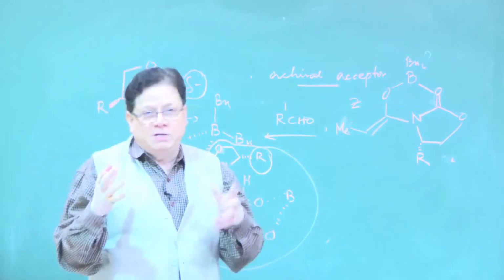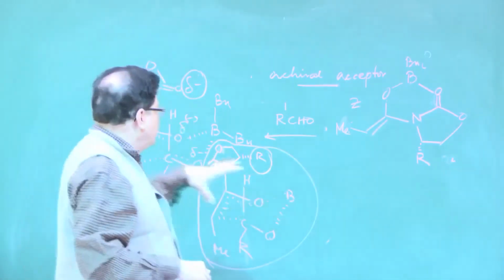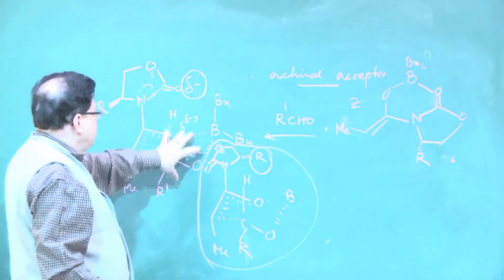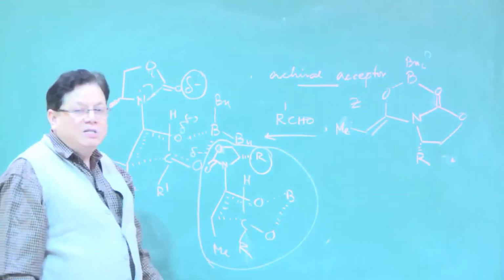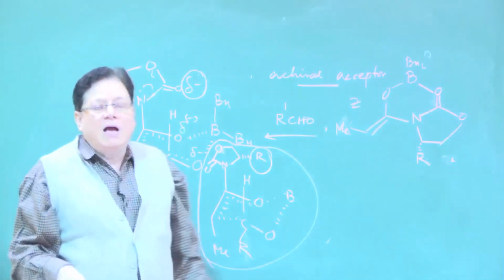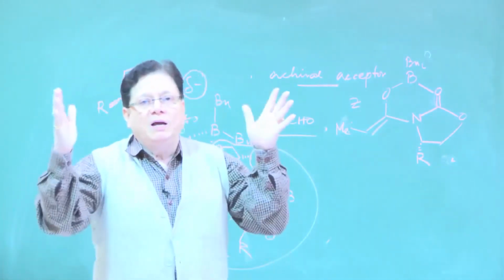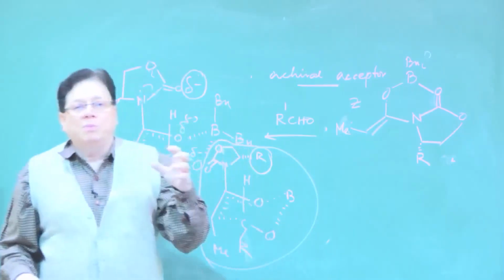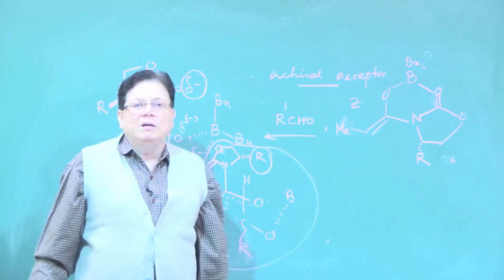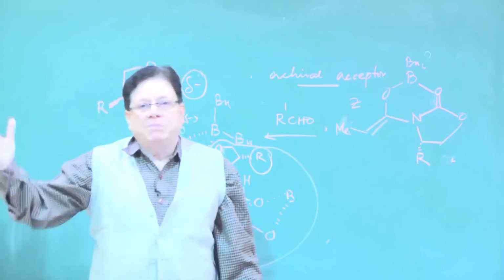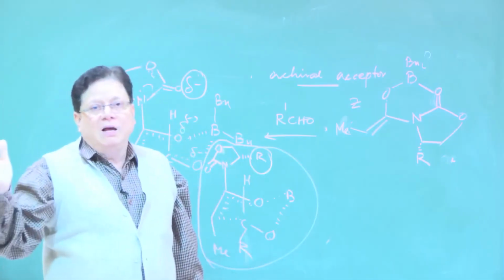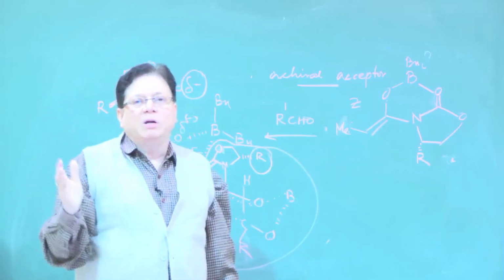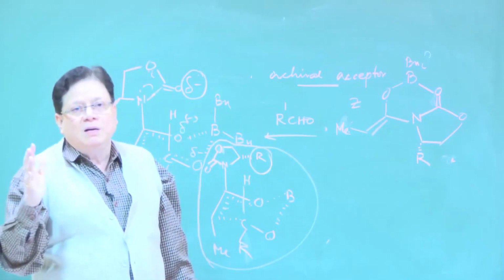Again I repeat, first of all the oxazolidinone adopts this type of conformation and not this one, and that is because of electronic reasons. Next is the approach of the aldehyde. The aldehyde should approach the enolate in such a fashion that the side chain of the oxazolidinone group is away from the side from where the aldehyde, the carbonyl group or the acceptor group, is approaching.